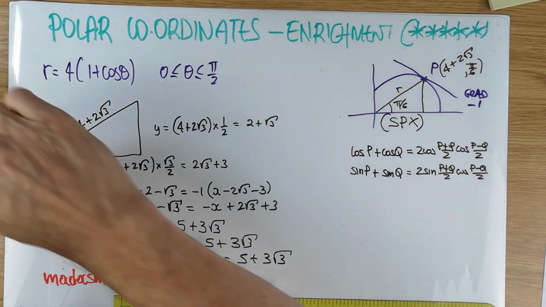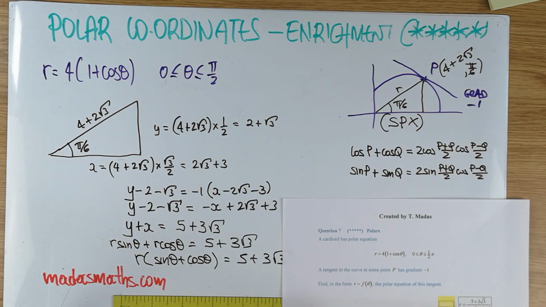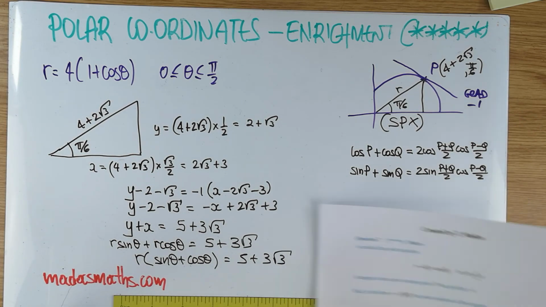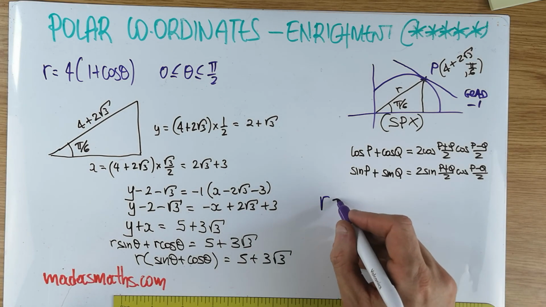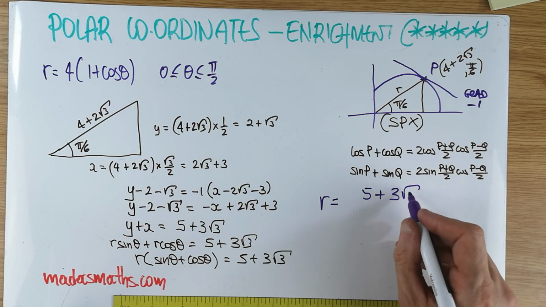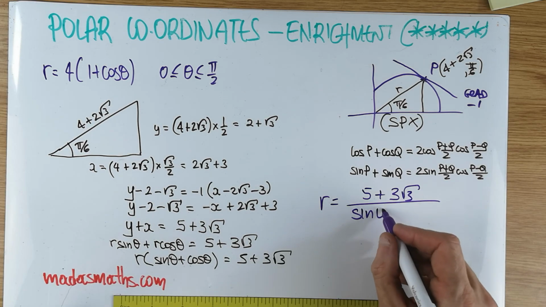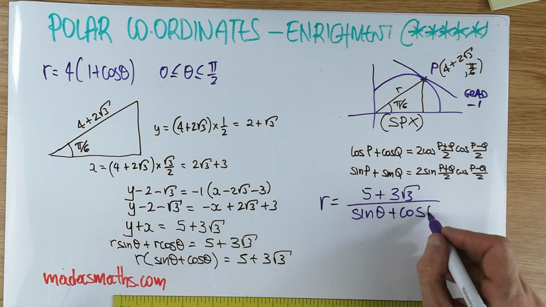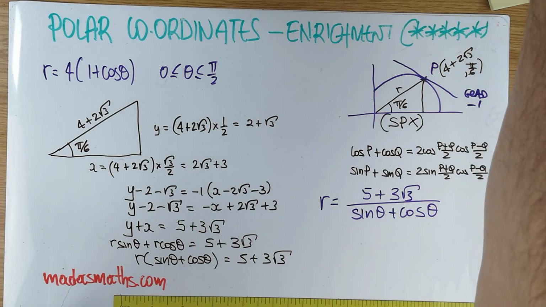And therefore, let's use a different color pen. Let's do it in, let's say, purple. I found, because it does say, find in the form r is a function of theta, the polar equation of this tangent, and that is going to be r is equal to a not so nice number, 5 plus 3 root 3, we cannot have it all, over sine theta plus cos theta. Okay, I think that's pretty much done.